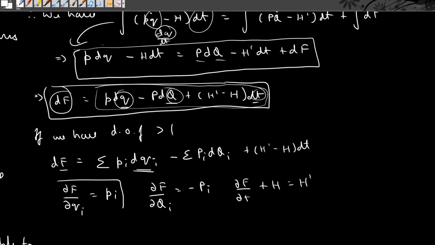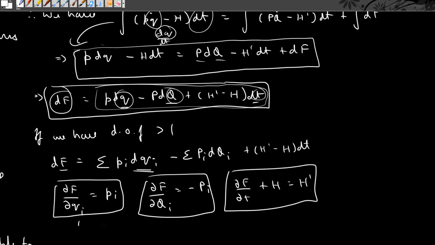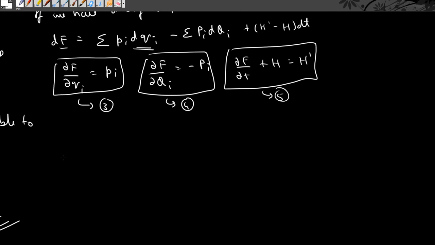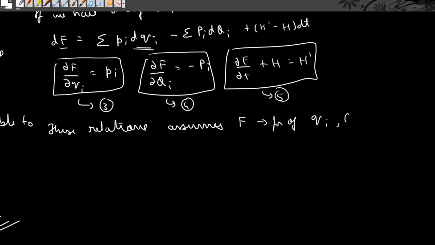So these are the relations that we have, and I am going to call this equation 3, this equation 4, and this equation 5. These relations assume f is a function of q i's, Q i's and t.